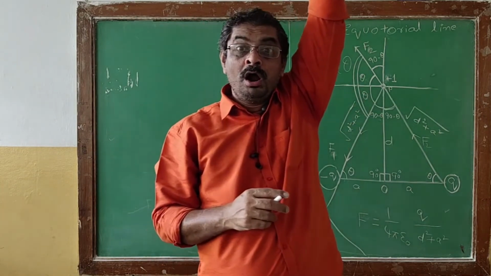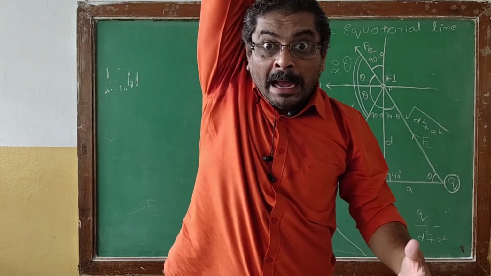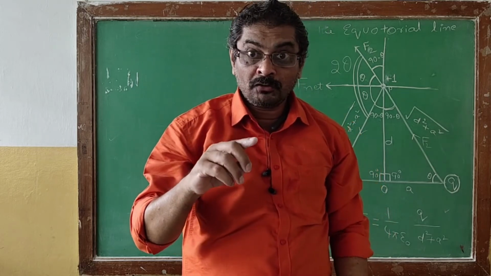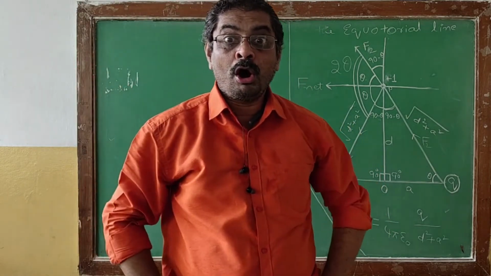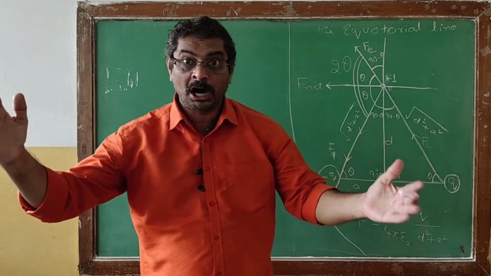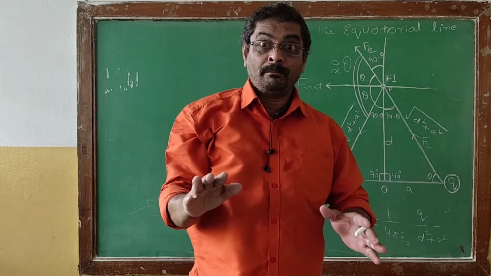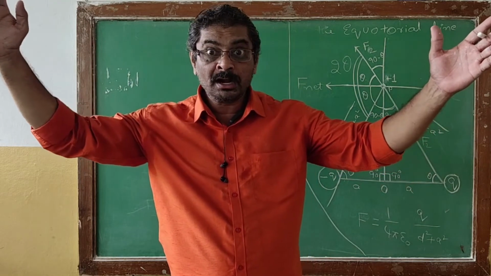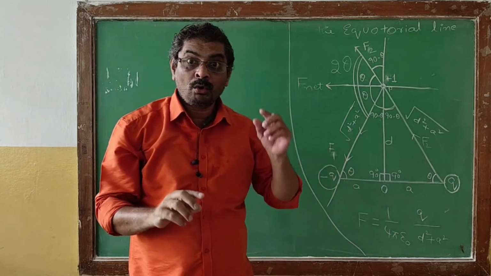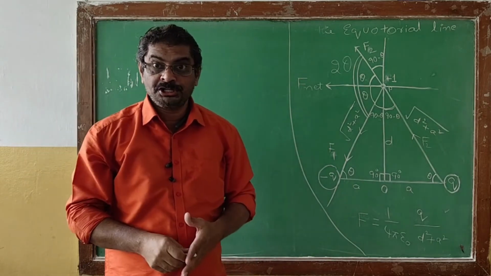You already know from the parallelogram law, remember, the magnitude of the resultant will be given by the formula under root of a square plus b square plus 2ab cos theta.